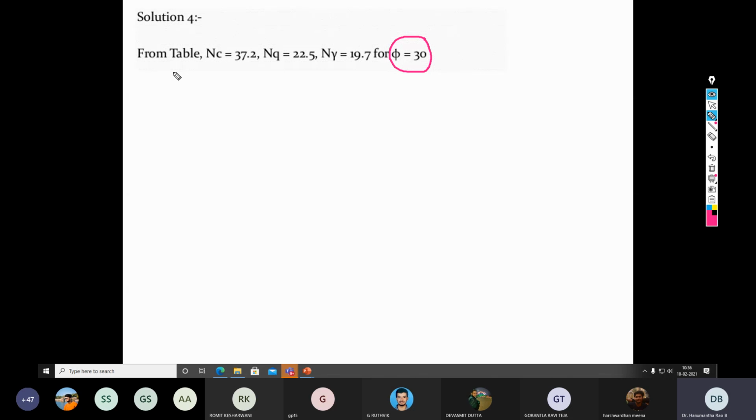Either direct values or the necessary table will be provided. From that table you must pick up the values of Nc, Nq and N gamma. If you have any question, please ask right now. How to pick up the values of Nc, Nq and N gamma.